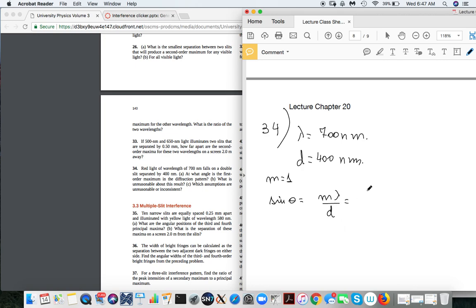That would give lambda 700 nanometers divided by d, 400 nanometers. And then the angle can be determined. 7 divided by 4, right? Yeah.